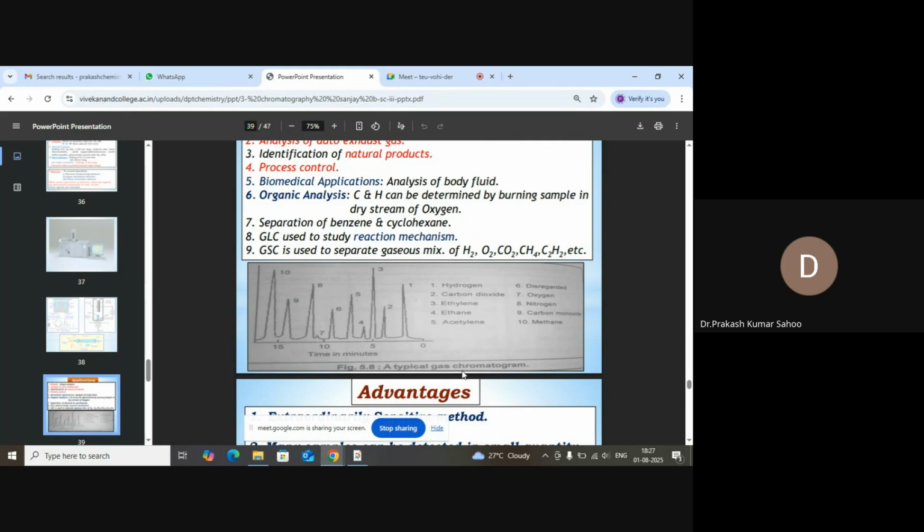This is a typical gas chromatogram, in which peak one is your hydrogen. Hydrogen is separated first, that's why it is nearest to zero. Then carbon dioxide, ethylene, ethane, acetylene.